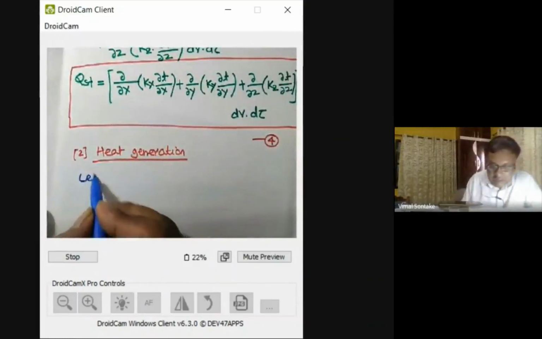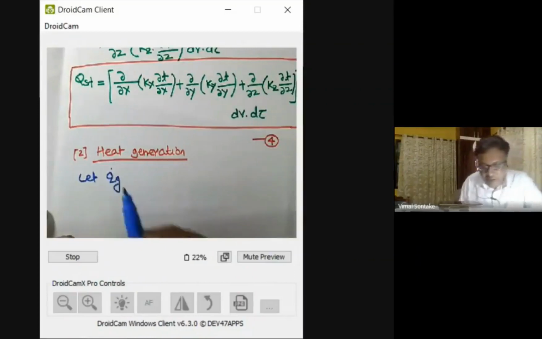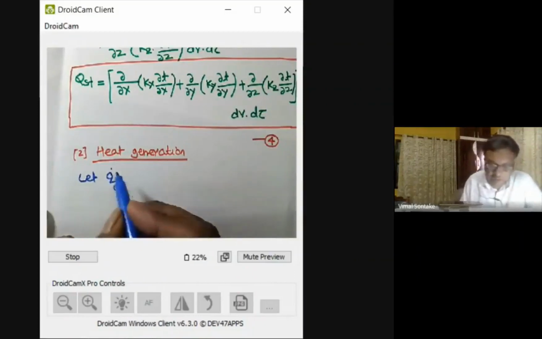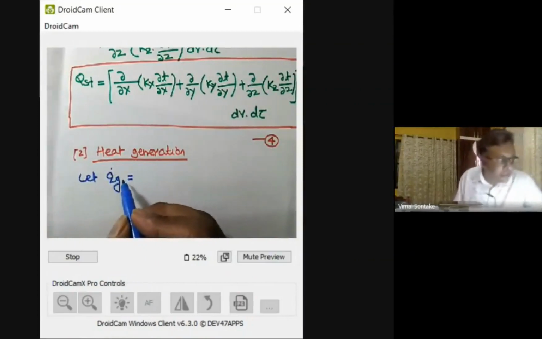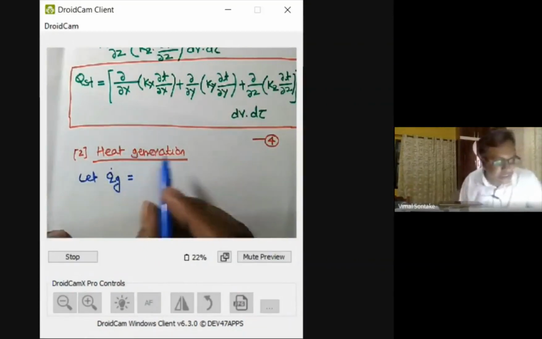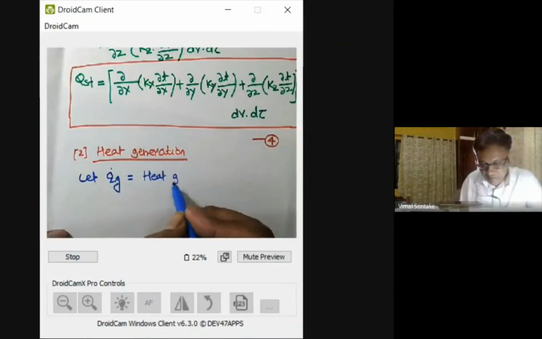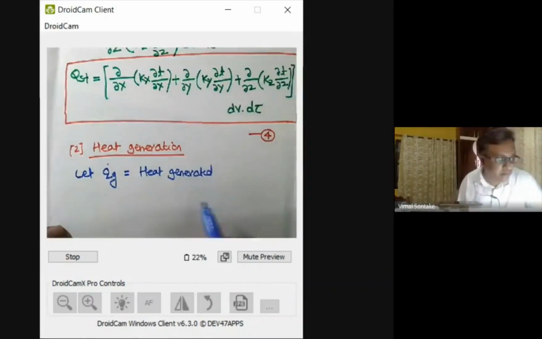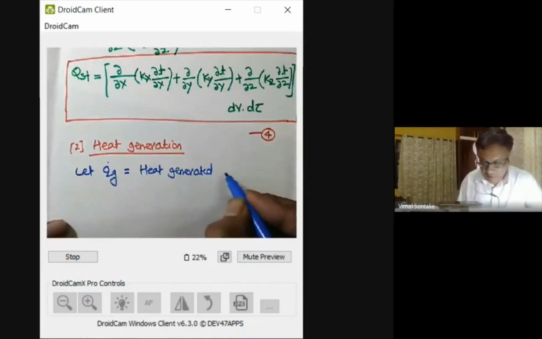Now let Q dot G, Q suffix small g dot, be the heat generated in the body.